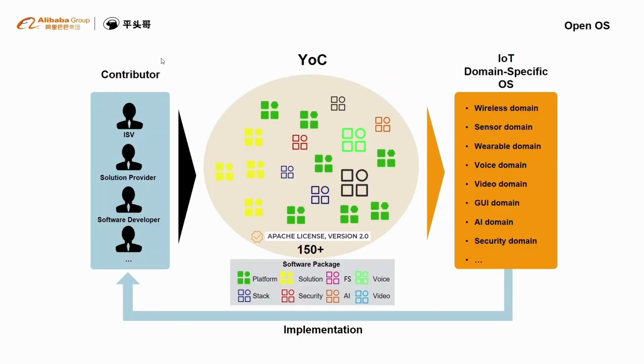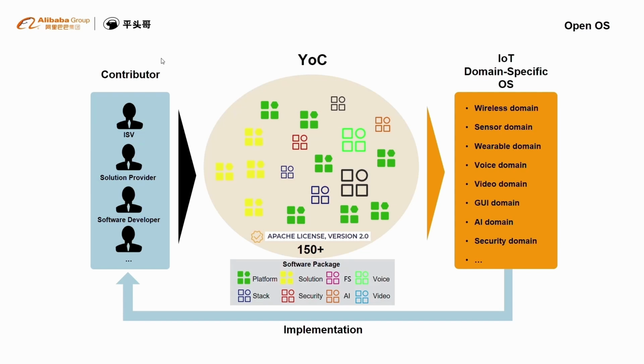YoC is an open operation system. It consists of components as commonly included in a software package. This code is managed in a repository that covers the basic platform, the driver, the file system, and important features like security and the protocol stack. Other SDKs for specific domains are included as well.